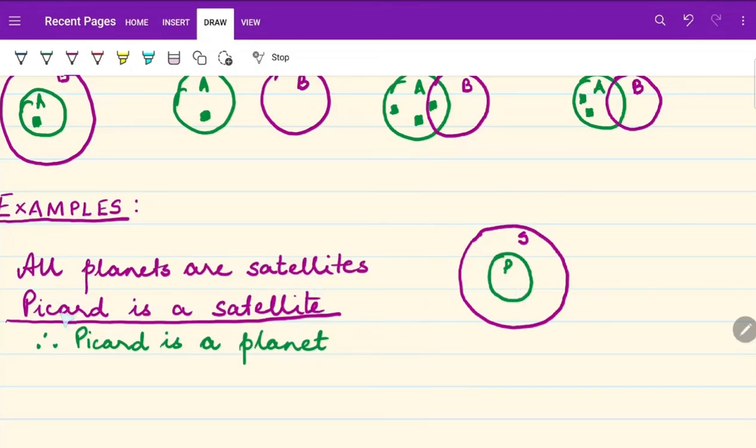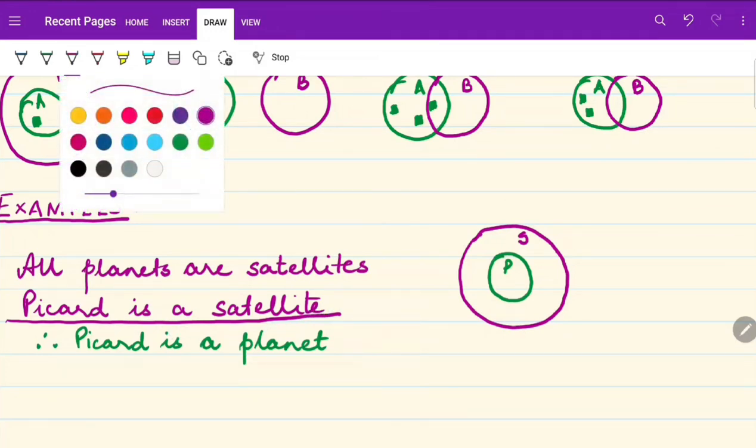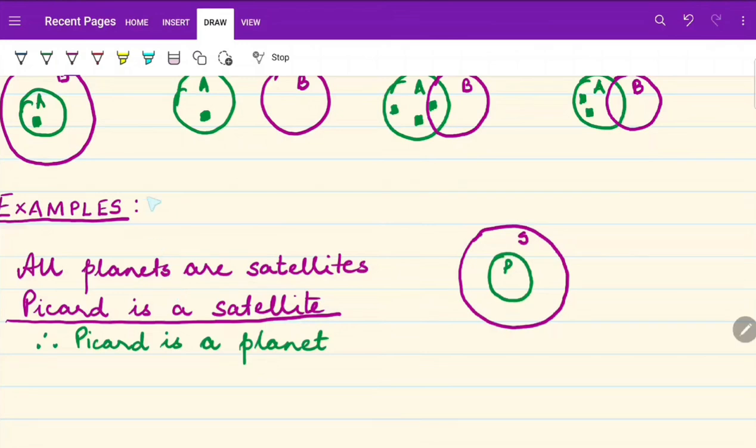And then the second premise says Picard is a satellite. All right. Now, since it says Picard, Picard is just an element, right? We have to show Picard somewhere within the circle of satellites. All right. This is Picard.